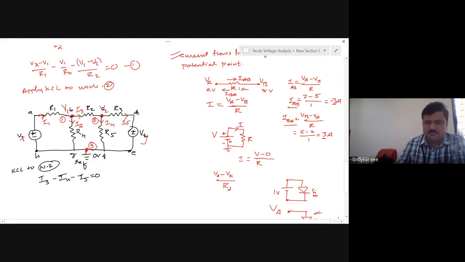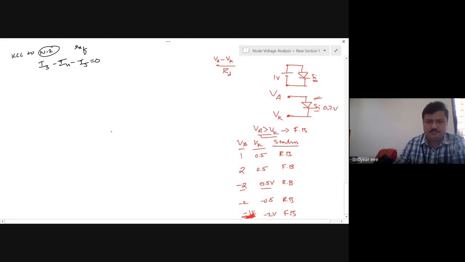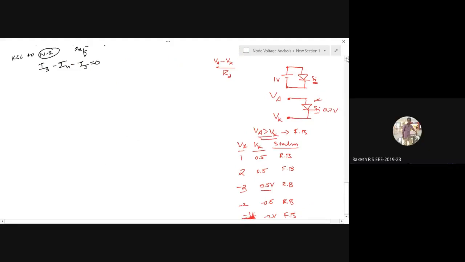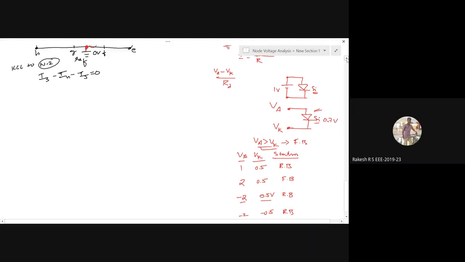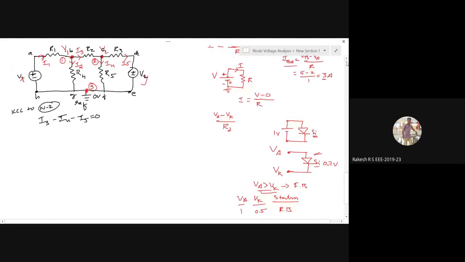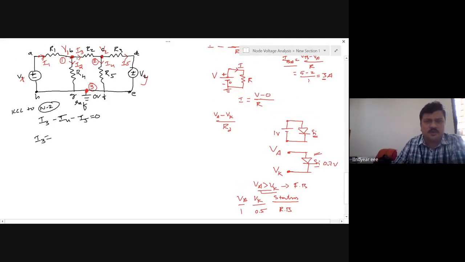Now what is I3? V1 minus V2 by R2. I3 is the current flowing from V1 to V2. Okay. So the direction of I3 is same whether I consider it at node 1 or node 2. So it won't change. So it is V1 minus V2 by R2.